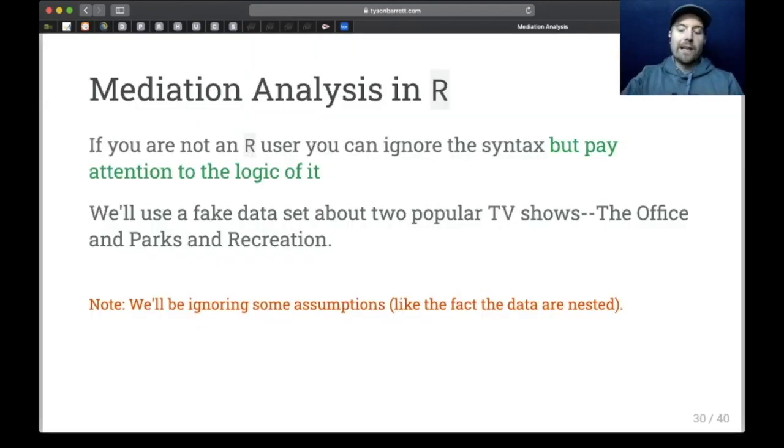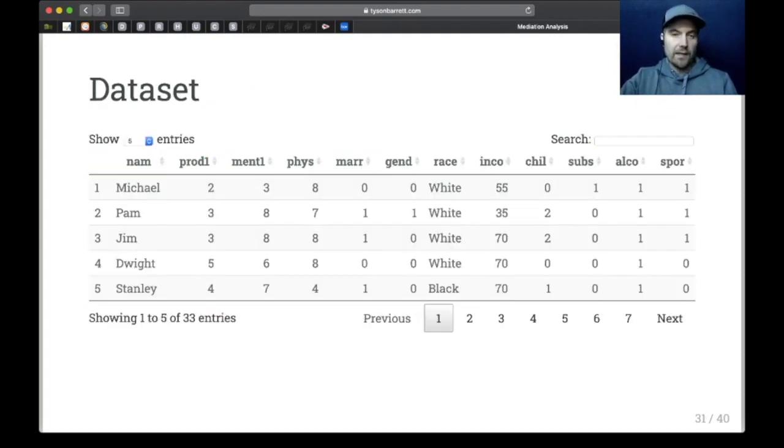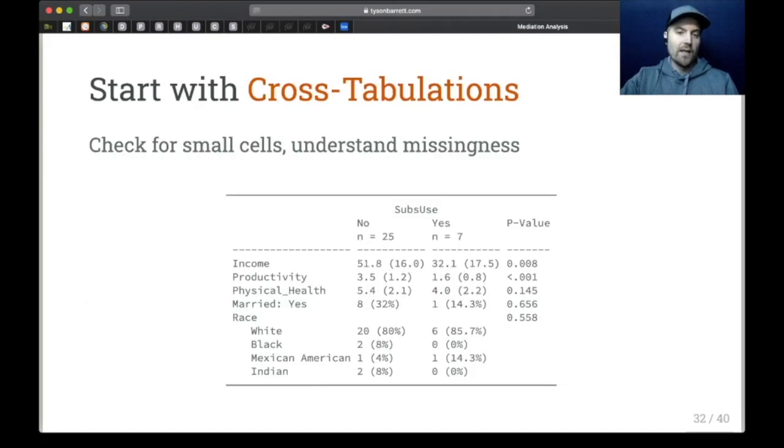When it comes to mediation analysis in R, there's generally two approaches, just like we talked about using lavaan, and then there's one that I developed. It's called Marginal Mediation. We'll quickly go through both of those. We're going to use the Office Parks data set that you've seen before in this class. Whenever you're doing mediation or any analyses, you always want to do cross-tabulations.